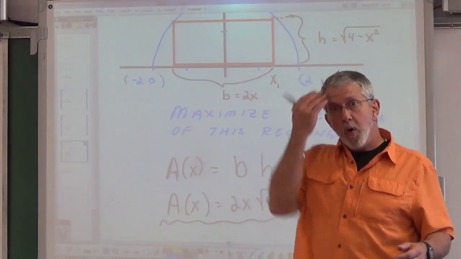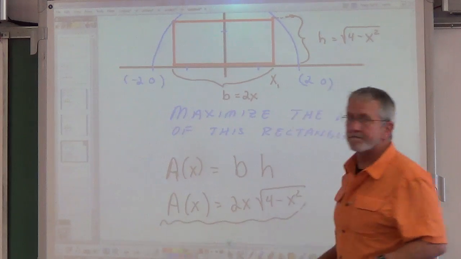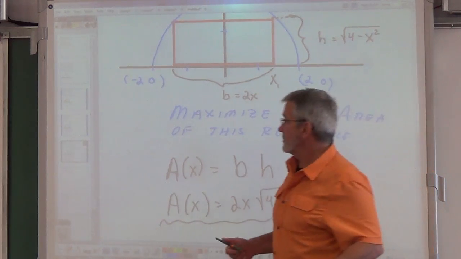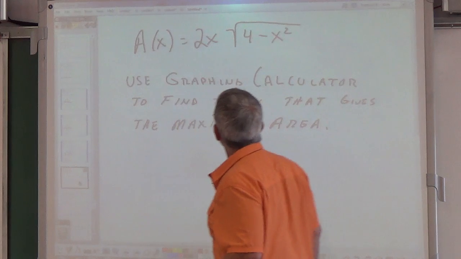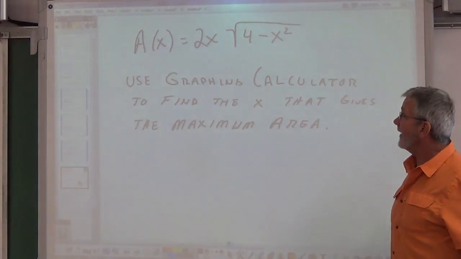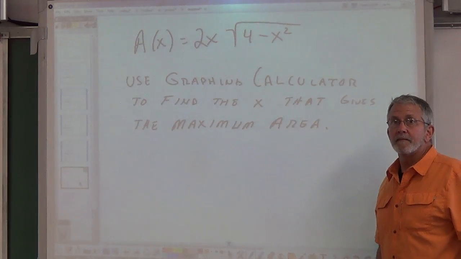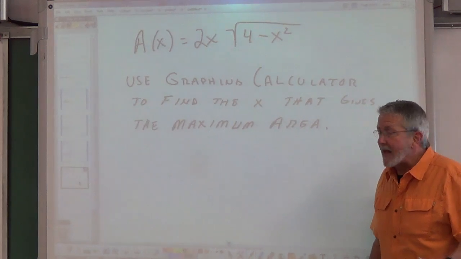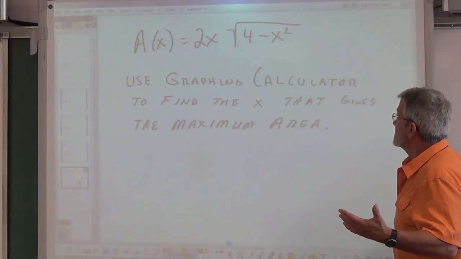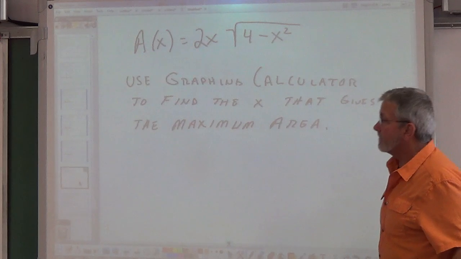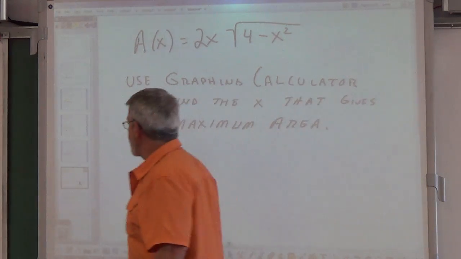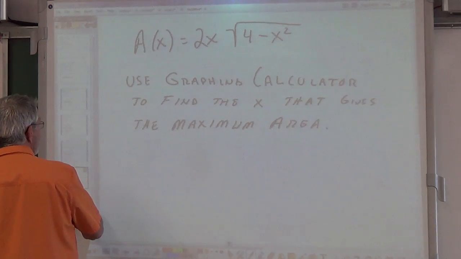Good deal that we found the area. But we're just going to put this rascal right there in my graphing calculator, and we're going to find the x that yields the maximum area. Sounds easy enough, correct?